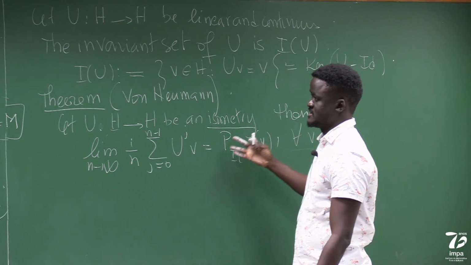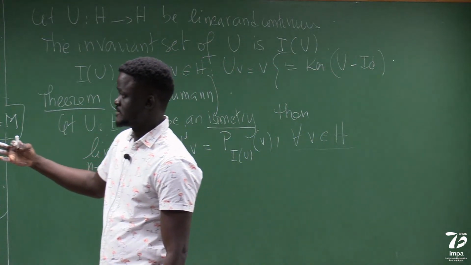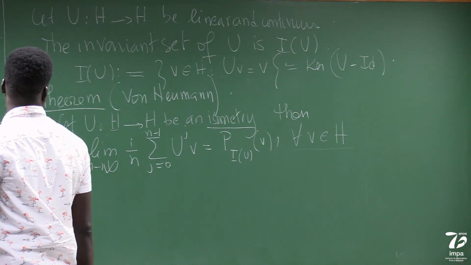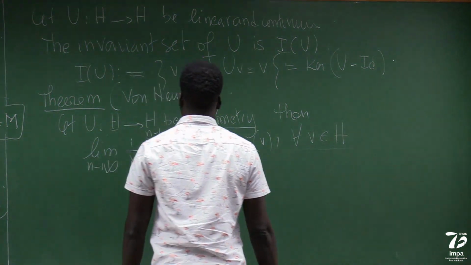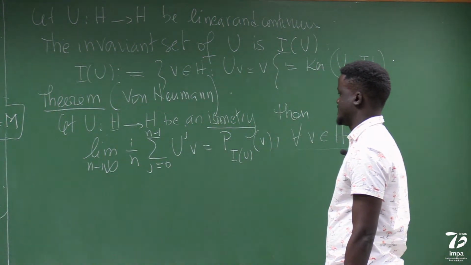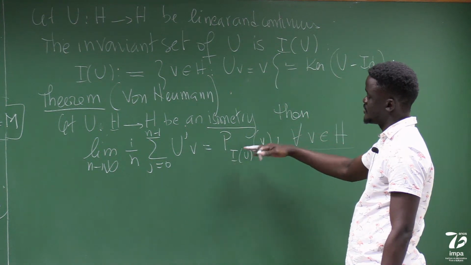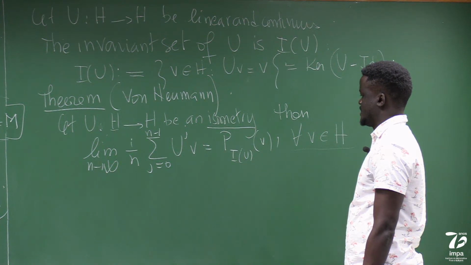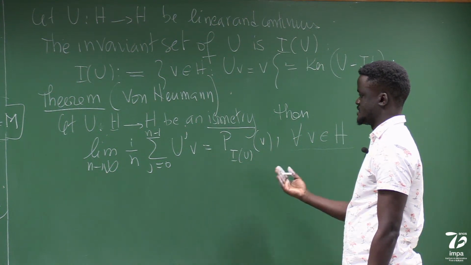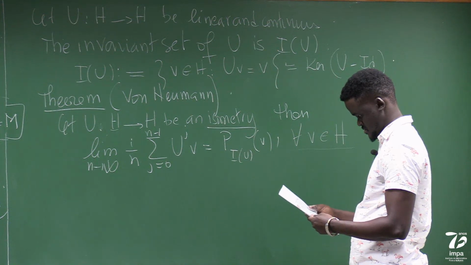As you can see in the example of L2, the projection to the constant function is like the integral, which is a space average.